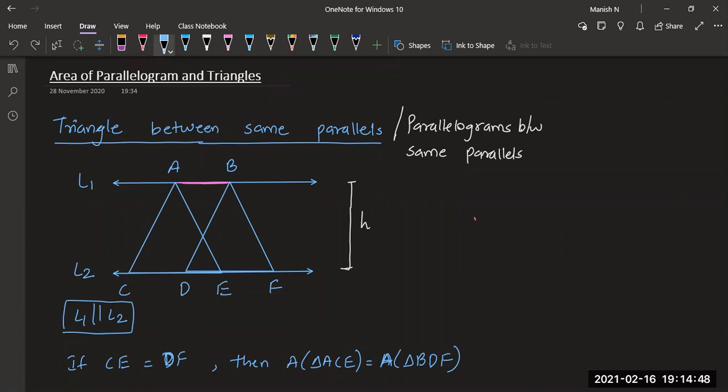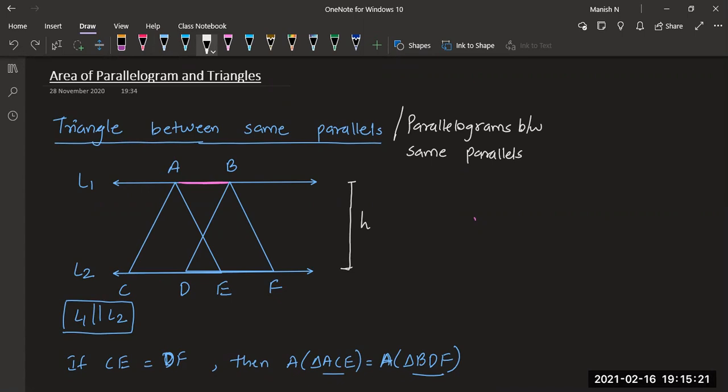Now when you are trying to draw two triangles between these two parallel lines, triangles between same parallels, which means triangle ACE and triangle BDF, we can clearly see that they will have the same height, because they are between same parallels.